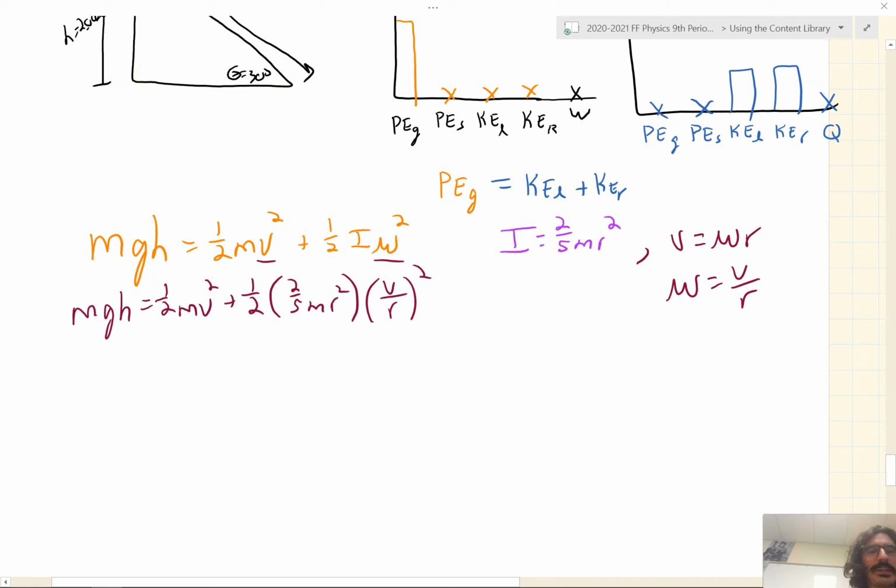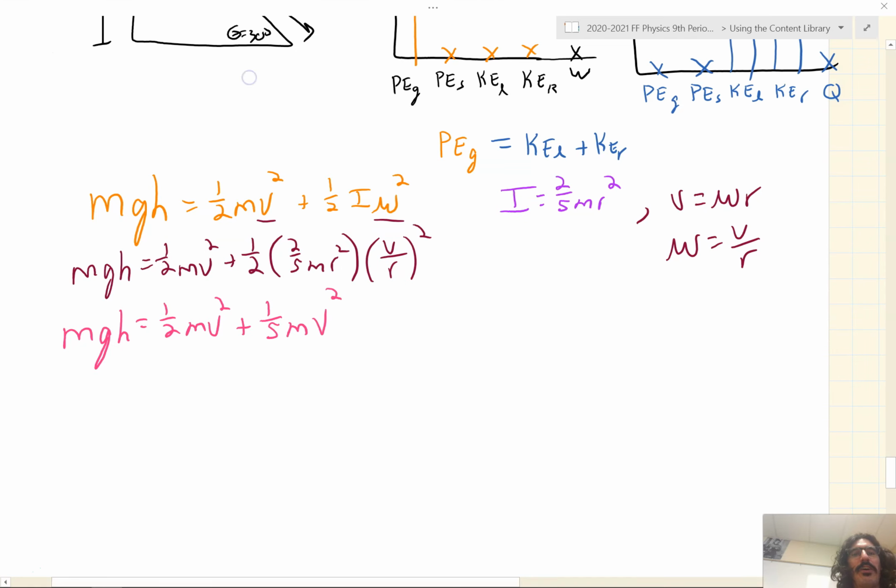Let's expand that out. mgh equals 1/2 mv squared plus 1/2 times 2/5, that gives us 1/5 times m, and then we have a v squared over r squared, and as we can see the r's will cancel out, r squared over r squared, so times v squared.